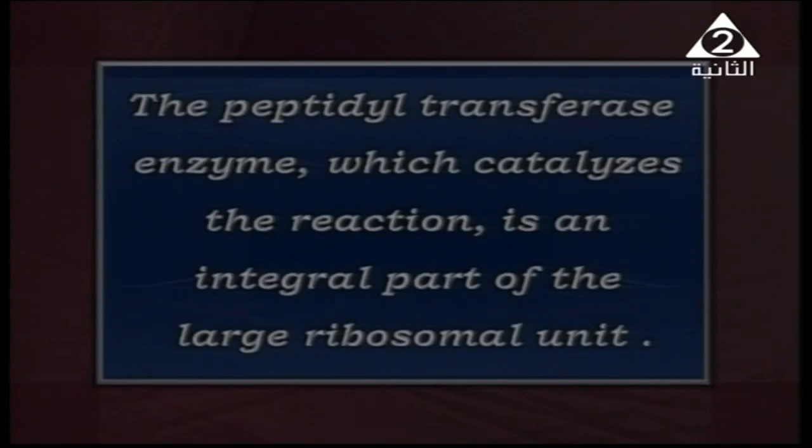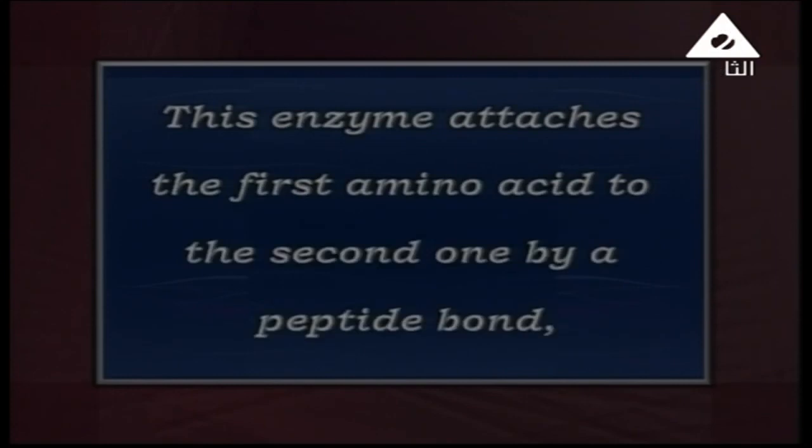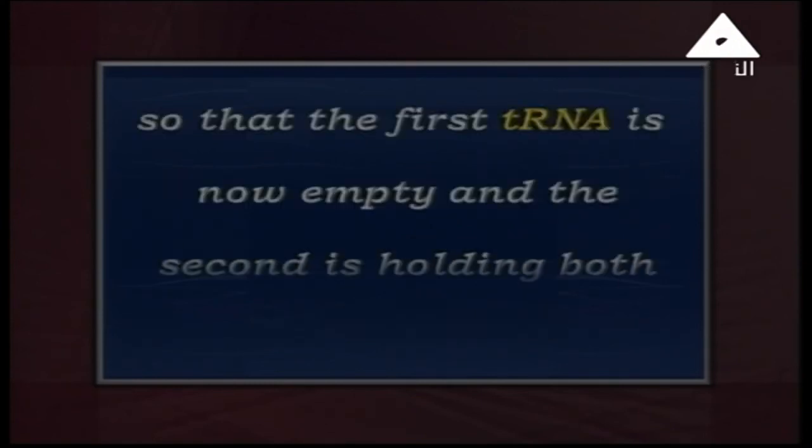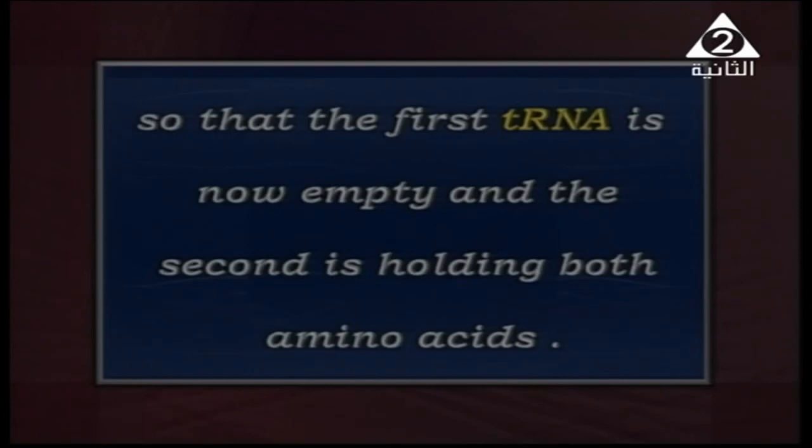The peptidyl transferase enzyme, which catalyzes the reaction, is an integral part of the large ribosomal subunit. This enzyme attaches the first amino acid to the second one by a peptide bond, so that the first tRNA is now empty and the second is holding both amino acids.